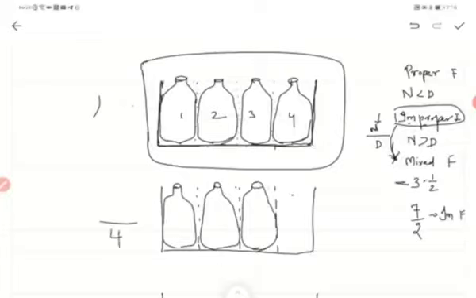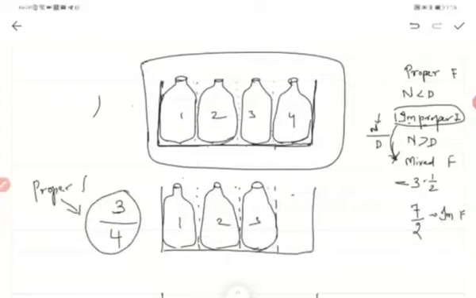But only 3 bottles are being placed, 1 2 and 3. So it is represented in the form of a fraction, that is 3 by 4. All right, so this fraction 3 by 4 is what? It's a proper fraction, isn't it?